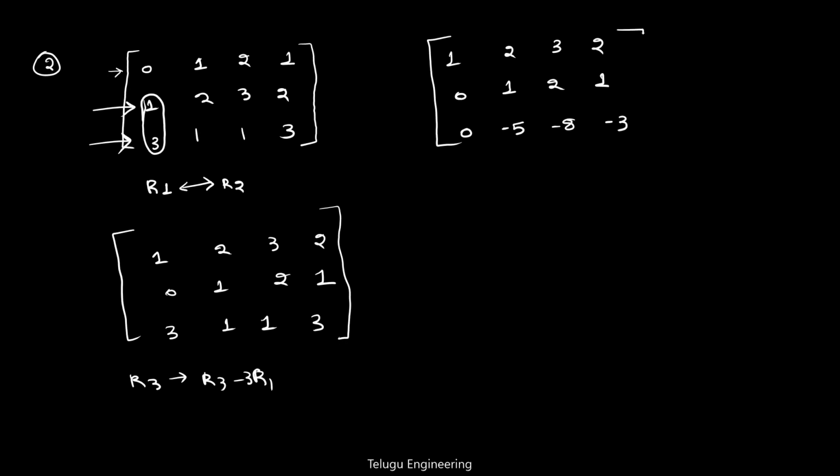Okay, now after completing these two things, we have to make this element 0, and for that what we need to do is R3 tends to R3 plus 5R2.